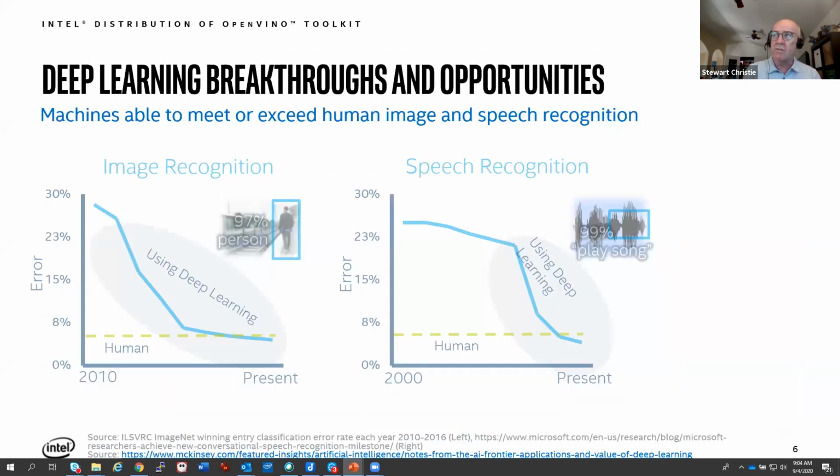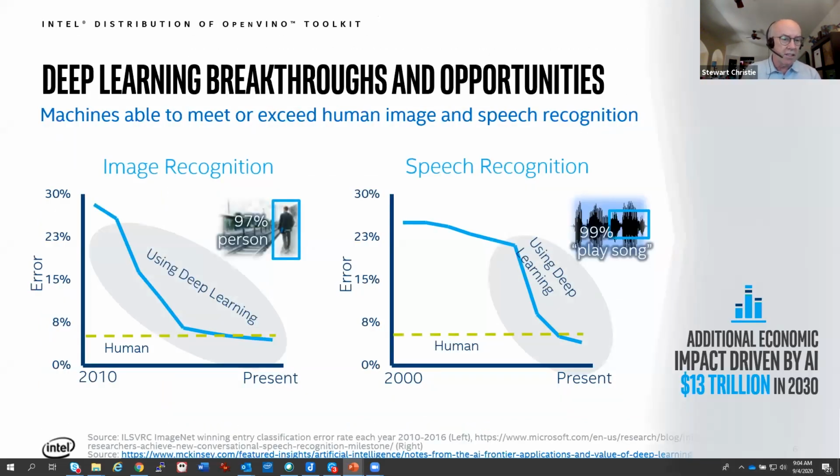And this is probably the reason why image recognition and speech recognition are now as good as or better than humans. And the other real factor, I think, going forward is they don't get fed up at 3 o'clock in the afternoon.